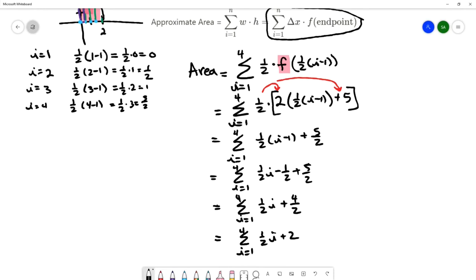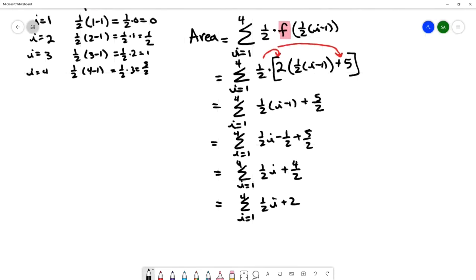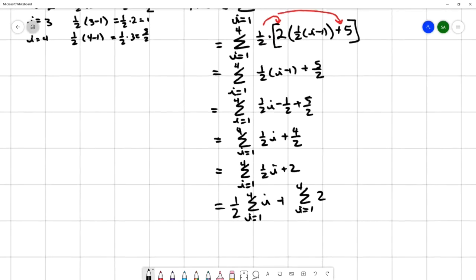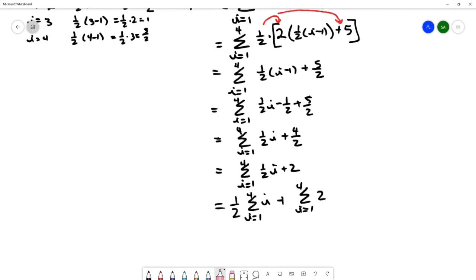One of the properties of the summation notation is that you can apply the sum to individual terms. So I can do 1/2 times the sum i equals 1 to 4 of i plus the sum i equals 1 to 4 of 2. And these sums are easy to work out by hand, but we also have formulas that we can use to work them out.